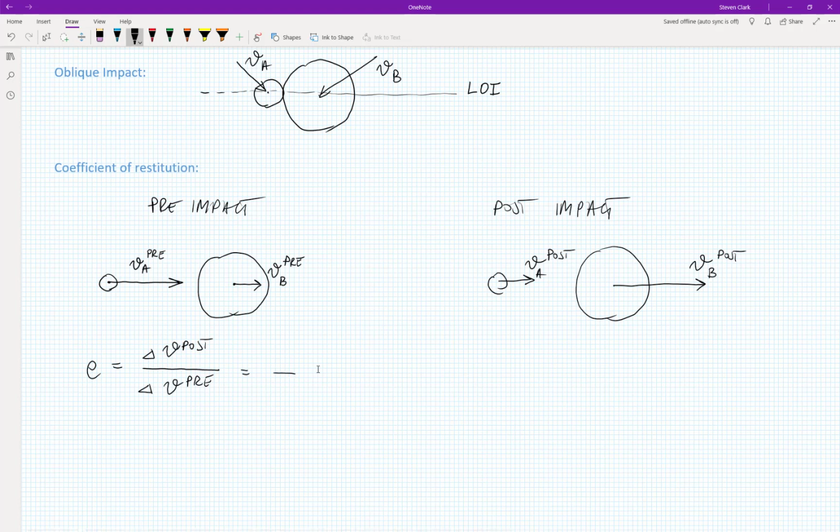Post-impact, we already said that velocity B must be larger than velocity A, so here we will have velocity B post minus velocity A post. In pre-impact, we must assume that velocity A is larger than velocity B, so here velocity A pre will be first, minus velocity B pre. Okay, and this is the definition of our coefficient of restitution. This and that.